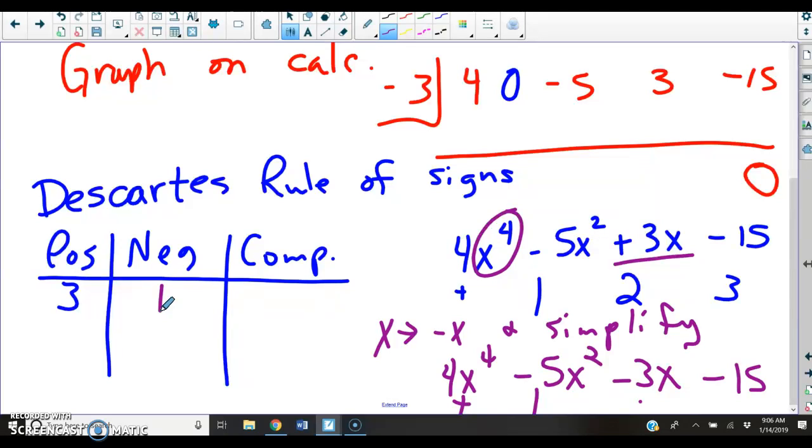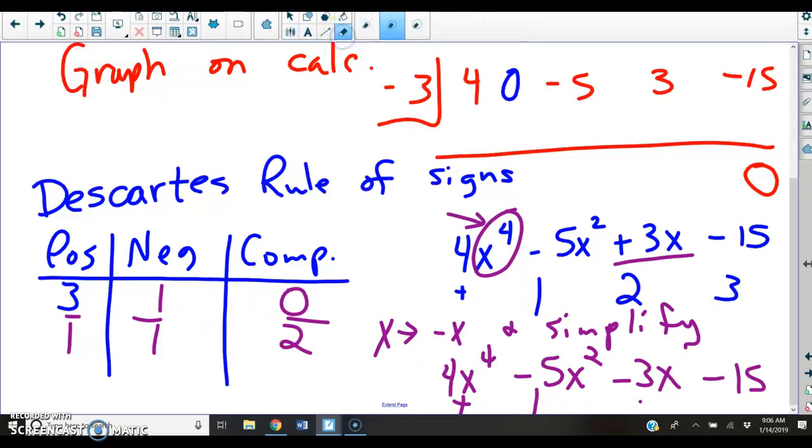Okay. This was a 4th degree polynomial, so the sum of the roots should be 4, so that means this is 0. Now these change by pairs from the same column. Okay, so we can take 2 out of the 3 and put it into the complex, because what happens is all of a sudden your graph doesn't hit that.